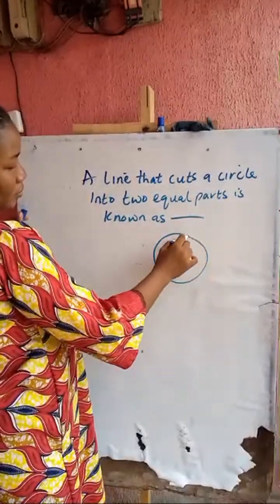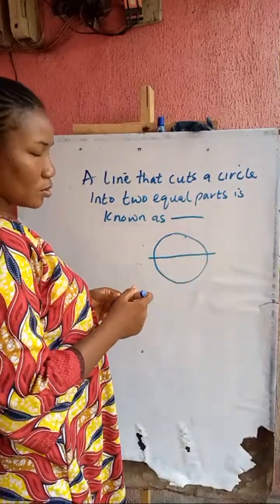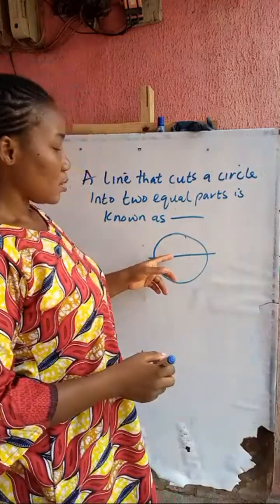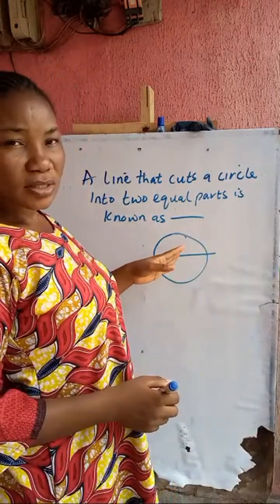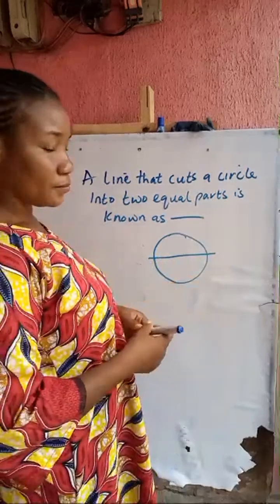This is a circle and this is the line. So the question is, this line that cuts across this circle into two equal parts, what is it called?